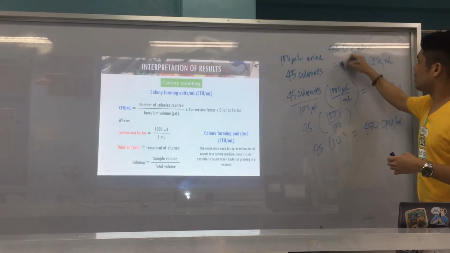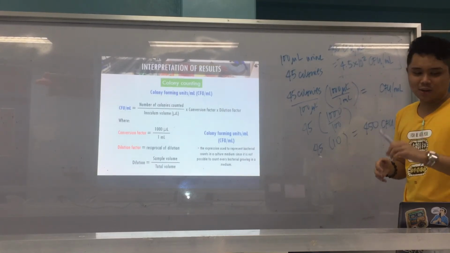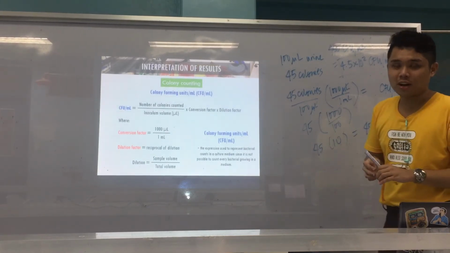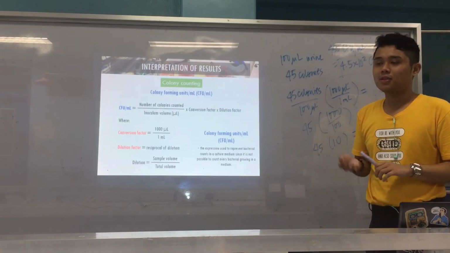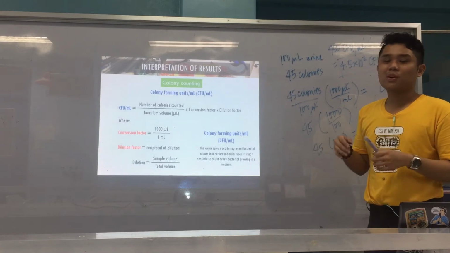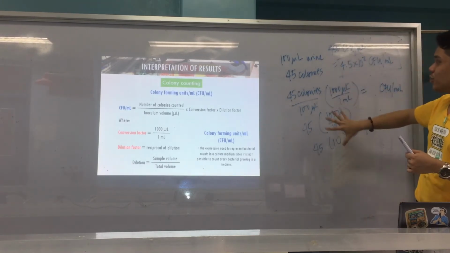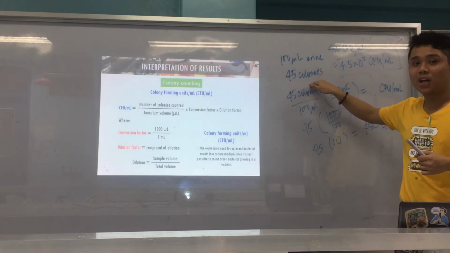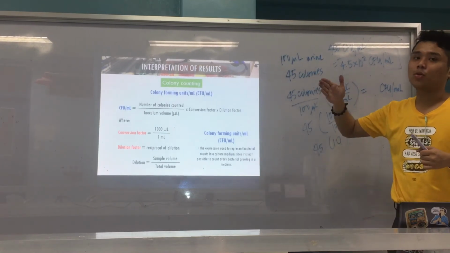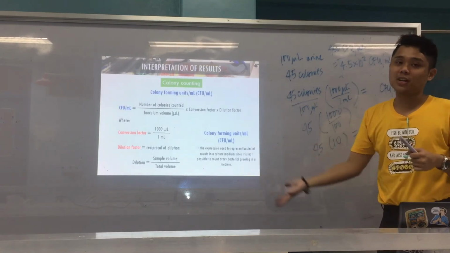So basically, that's it for calculations. I do hope you get it. Again, if there is no dilution, like in your problem the urine is undiluted, you are basically saying that the colonies you see are equivalent to the volume of urine. So, example, 45 colonies per 100 UL.